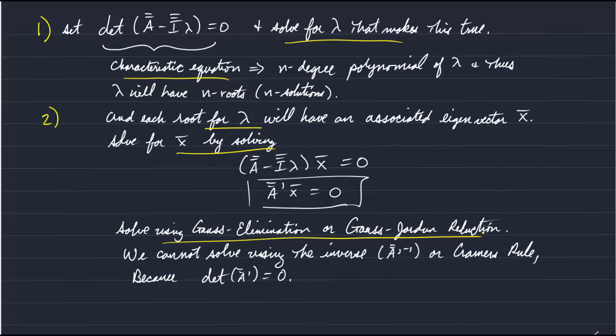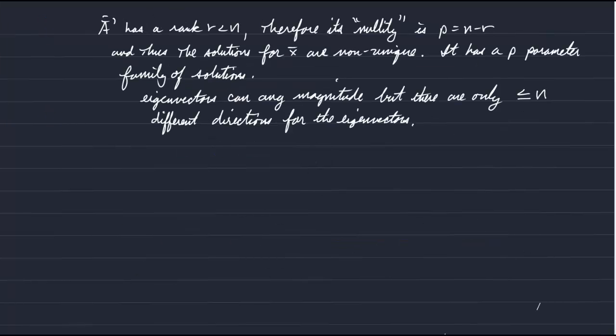Next, let's look at an example. In this example, A will be a 3 by 3 matrix. 2, 2, 1 on the first row, 1, 3, 1 on the second, and then 1, 2, 2 on the third row.